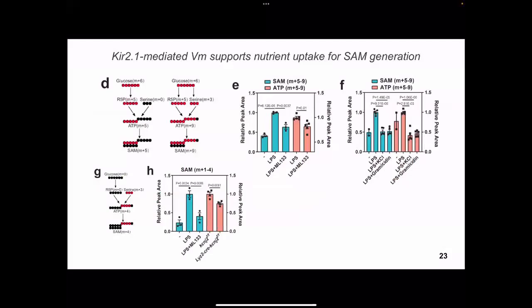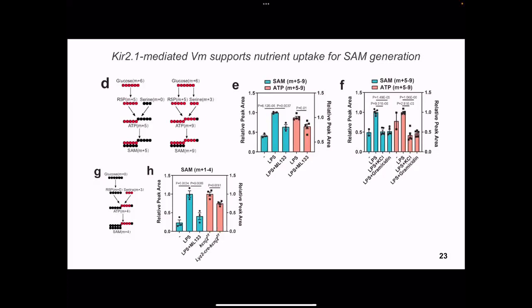When we used the carbon-13 glucose tracer, we measured a reduction of LPS-induced M+5 to 9 SAM. This mainly comes from both the PPP pathway and the SSP pathway, which are precursors of the M+5 to 9 SAM, in the setting of membrane potential depolarization with ML133, elevated extracellular potassium, and also gramicidin.